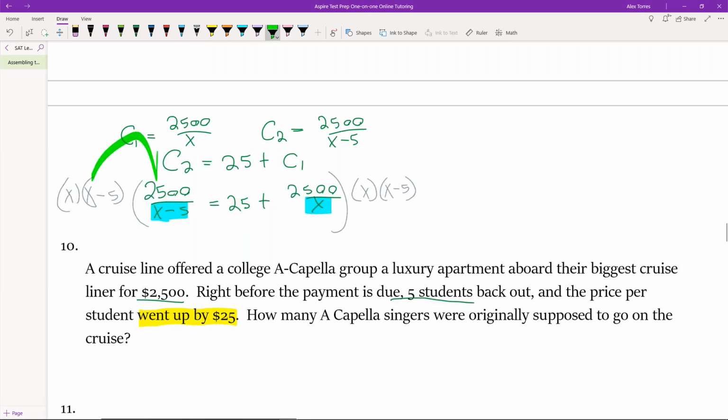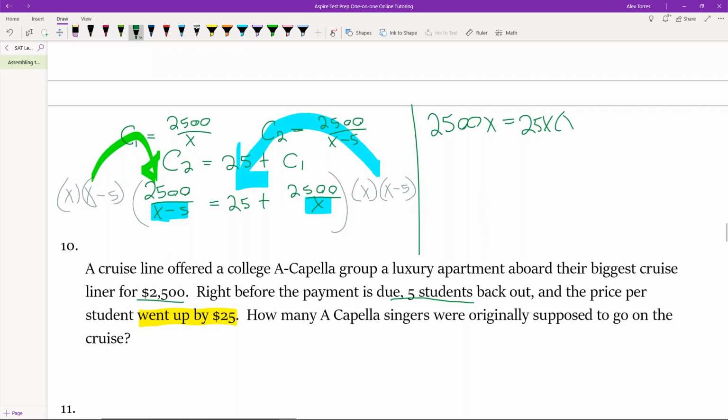When you multiply here, the x minus 5s cancel, leaving you with the x. So we have the 2,500 that was there and the x that was there. When you multiply here, nothing cancels out. So I've got 25, it's being multiplied by x, and also by x minus 5.